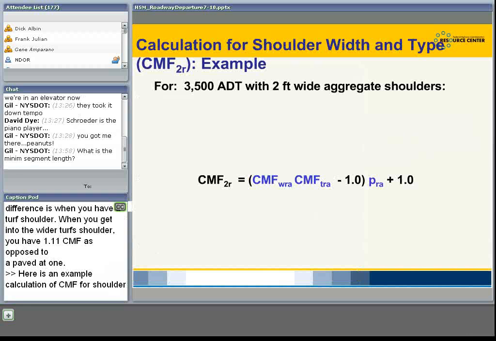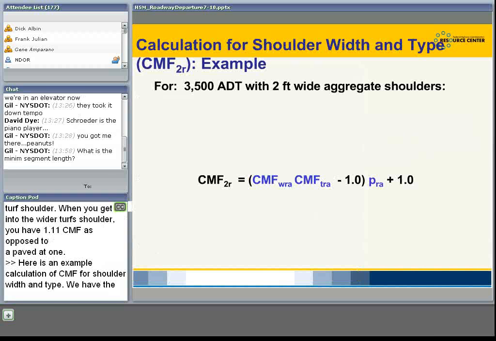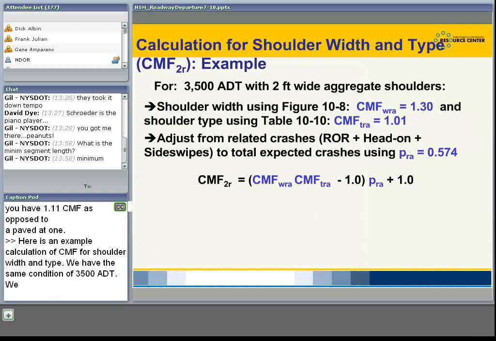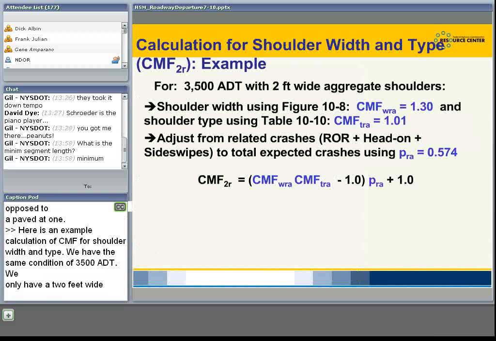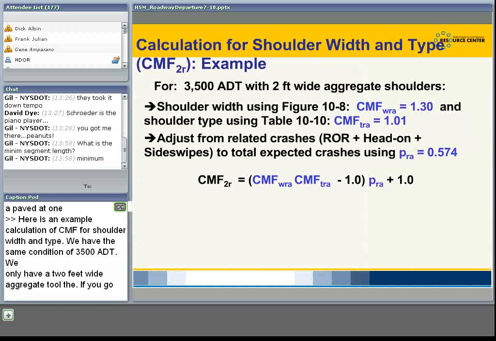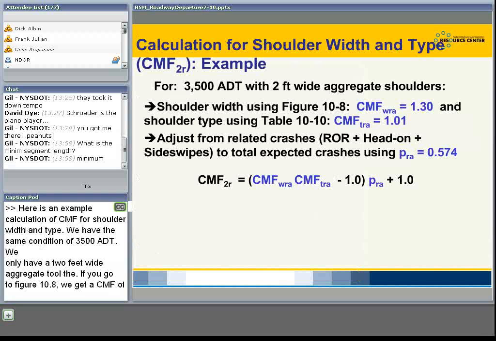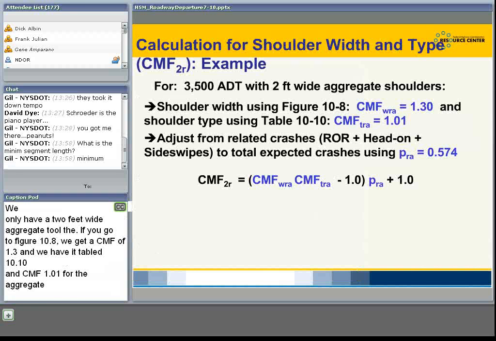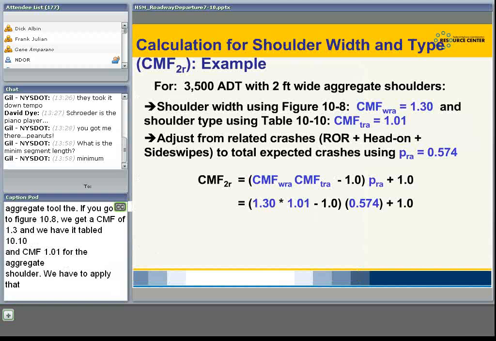So here's just an example, again, of the calculation of the CMF for shoulder width and type. Again, we have the same conditions of 3,500 ADT. In this case, we're going to say that we only have a 2-foot wide aggregate shoulder. So if we go to figure 10.8, we get a CMF of 1.3, and we use table 10.10 and get a CMF of 1.01 for the aggregate shoulders.